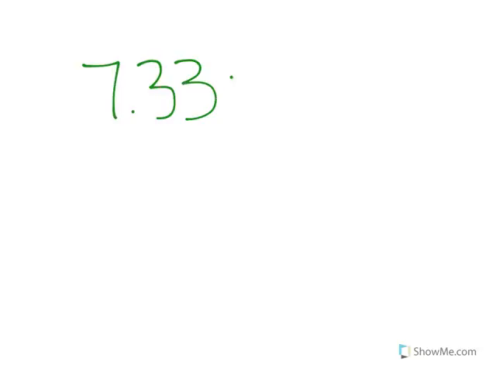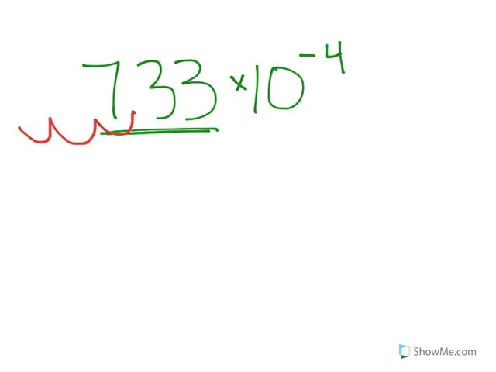So when we have scientific notation, and we would have 7.33 times 10 to the negative 4th power, that would mean we would have a smaller number than 7.33, not a larger number. So that means we would have to move our decimal point not to the right to make it a larger number, but to the left. So 1, 2, 3, 4 to the left.